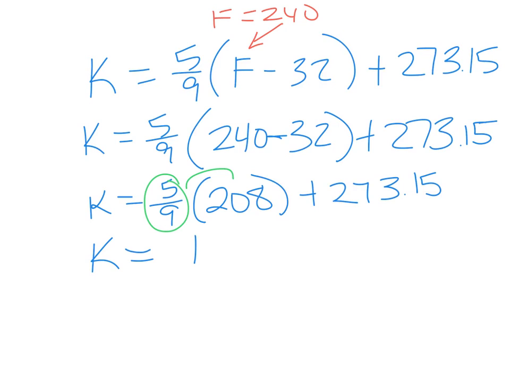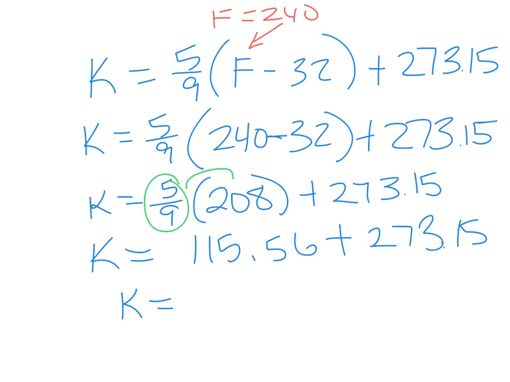I don't know how to read this. So change it to a decimal. Right here, hit the second and the F to D changes it to a decimal. 115.56. Then add 273.15. Just hit the plus button and add 273.15.